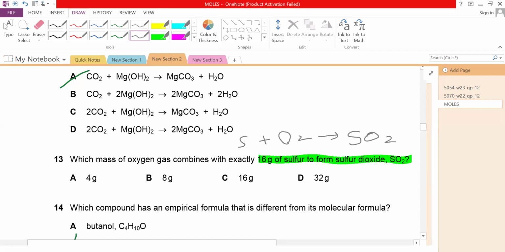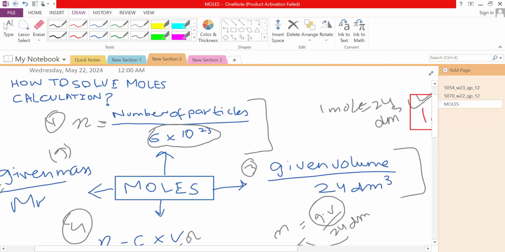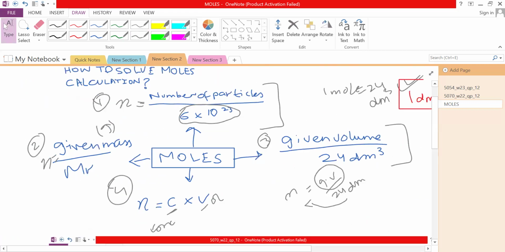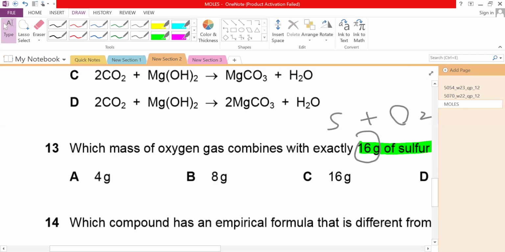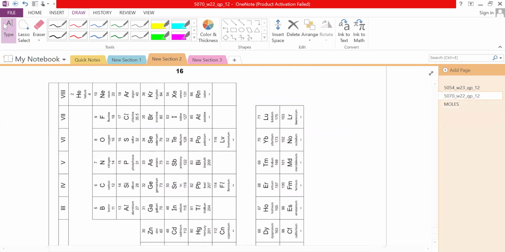Okay, you can find moles. The given mass is 16 grams. You should memorize these four formulas. Now, in this question, which formula do you have to use? If you're thinking the formula is given mass divided by Mr, you are correct. The given mass is 16 grams and the Mr of sulfur. In P1 and P2 the periodic table is given, so no need to worry.